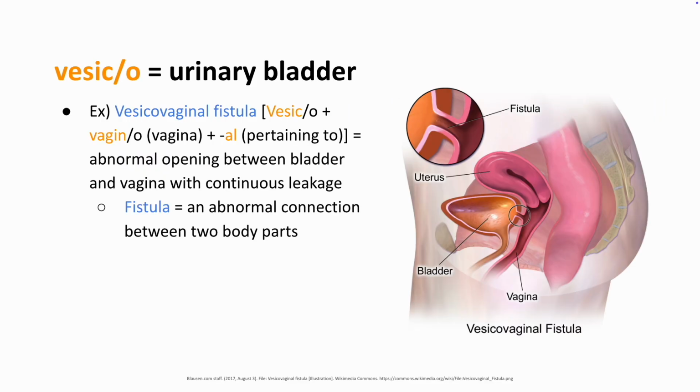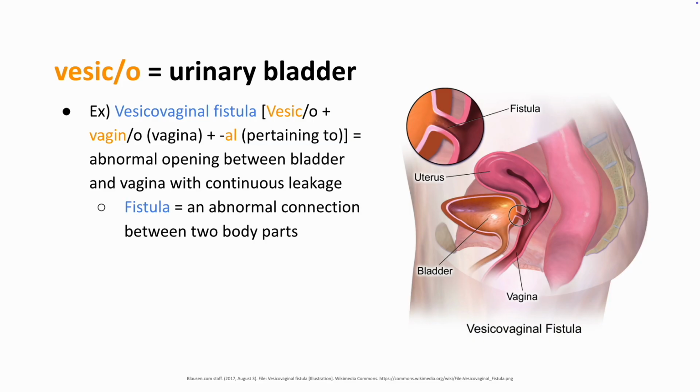Vesico is a combining form for urinary bladder. So one example is vesico-vaginal fistula, kind of breaking down the term. First, fistula is when an abnormal connection is made between two body parts.